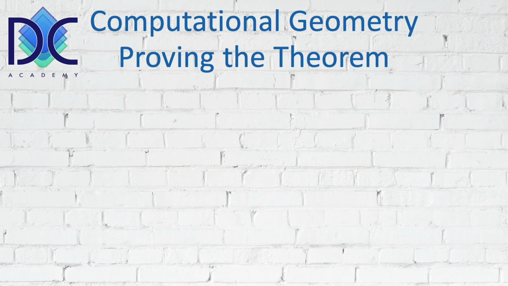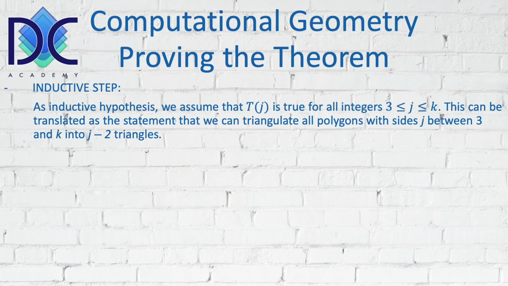Let's now continue by proving the inductive step. The inductive hypothesis is that we assume that T of j is true for all integers j between 3 and k.